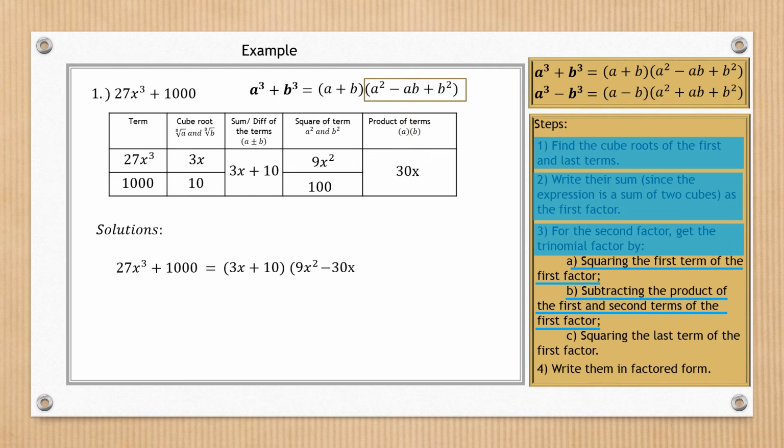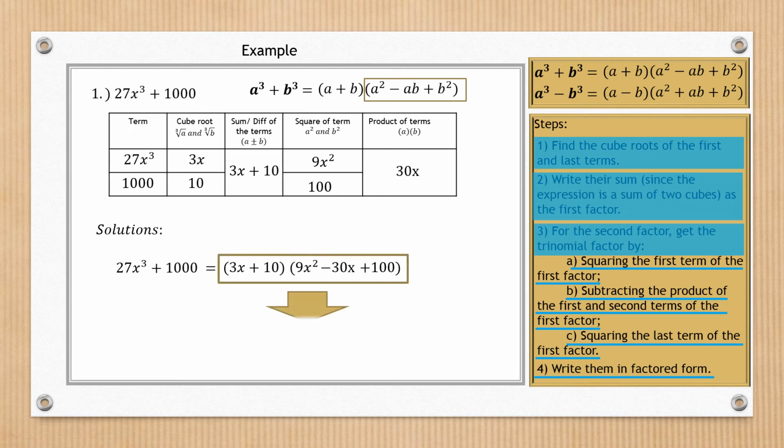Then the last is squaring the last term of the first factor. So, you square the last term. Where is that? That is B squared and that is 100. So, you write down plus 100. And the last is write them in factored form.